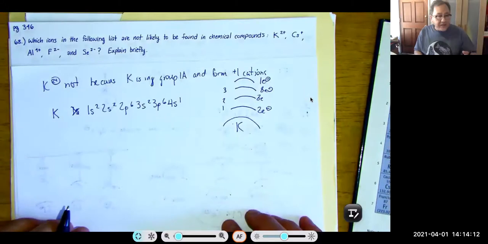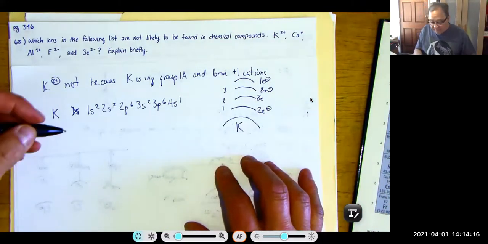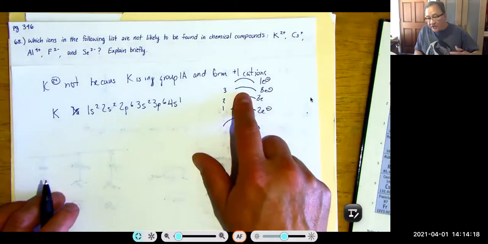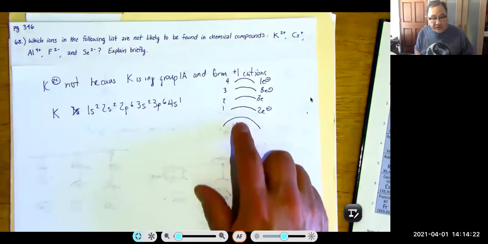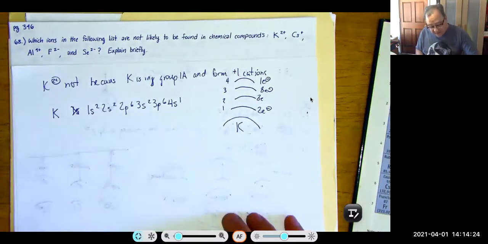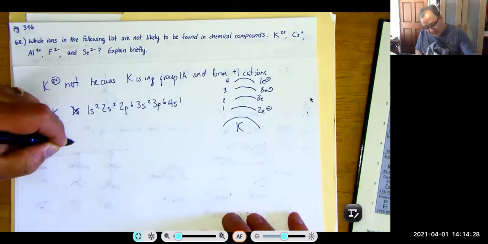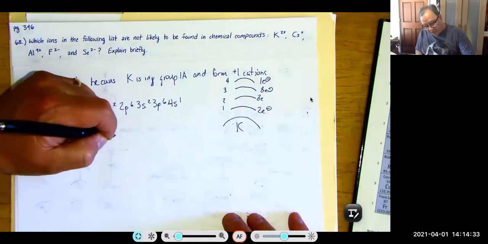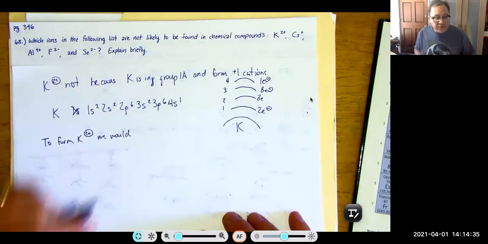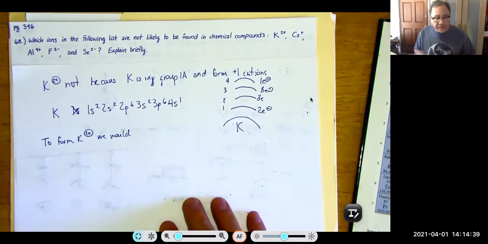So why does K2+ not happen? Well, the answer is because it's a lot easier to pull a fourth shell electron off of an atom than it is a third shell electron. To form K2+, we would have to take a third shell electron off in addition to the fourth shell, and it just costs too much energy.